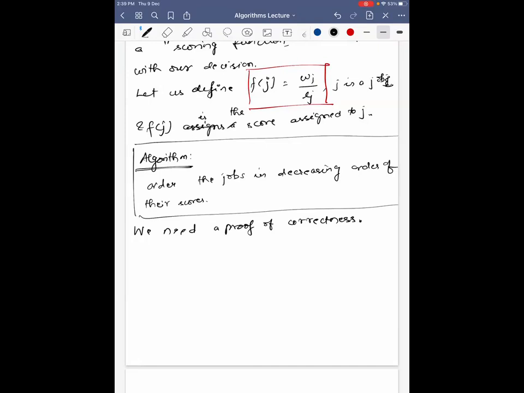Then the rest of the jobs, we can just think of them as our initial setup. But now the time that we will take for every single job will be its length plus the length of the time that has already been taken, right?